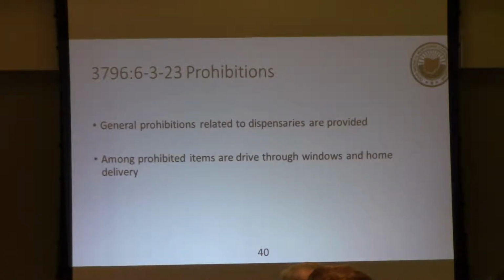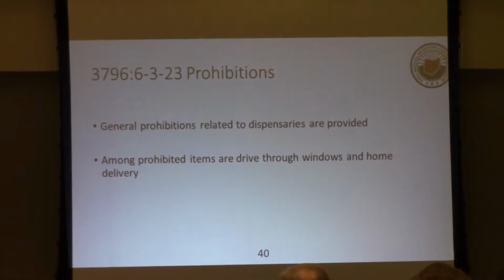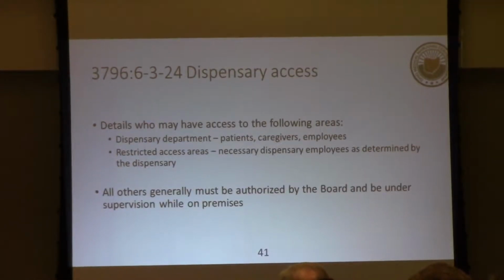And then there's prohibitions. These are general prohibitions related to dispensaries. And among the prohibited items are drive-through windows and home delivery. Dispensary access. This next rule details who has access to the following areas: the dispensary department, that's patients, caregivers, employees, and restricted access areas.